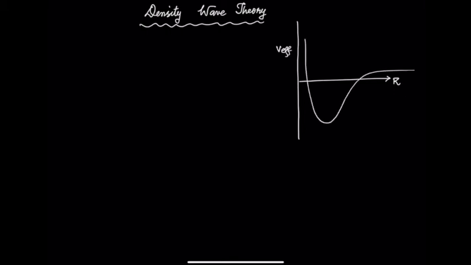Now, to see the density wave theory, first we have to look at a galaxy and go to the guiding center approximation. So let me draw the effective potential again here. Maybe something looks like this. It should go to 0 at infinity, I assume that it is happening, and the minimum is here.